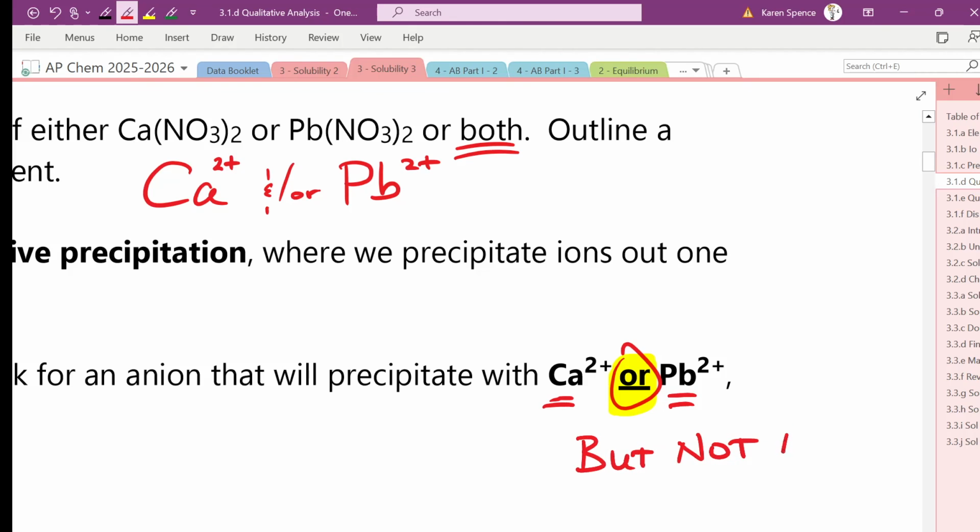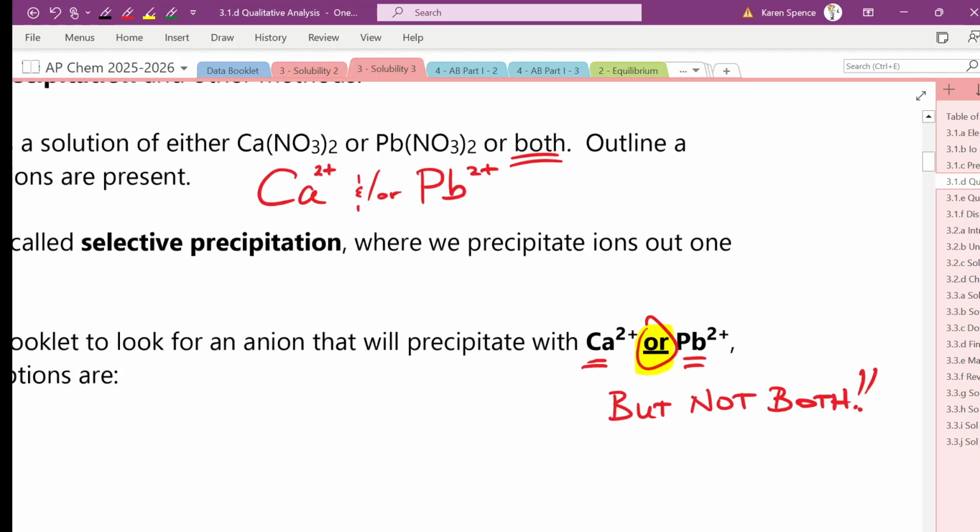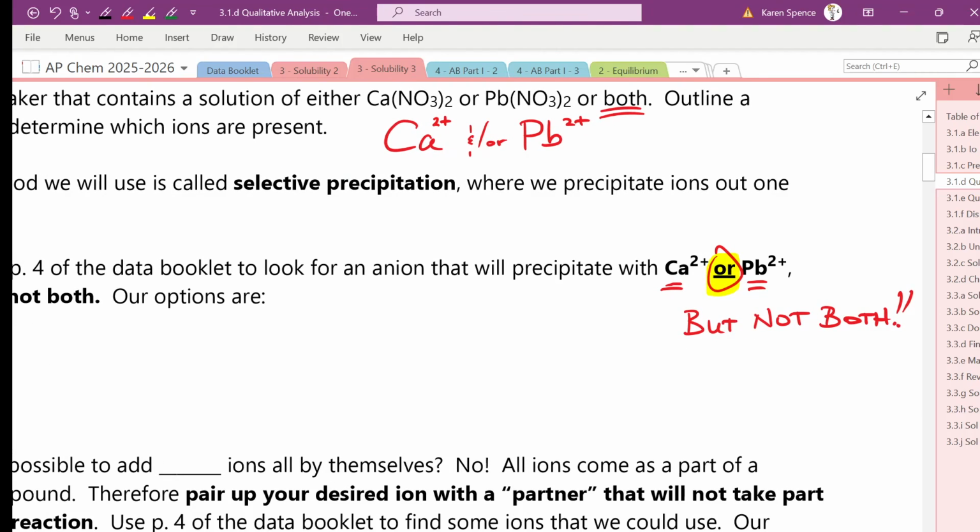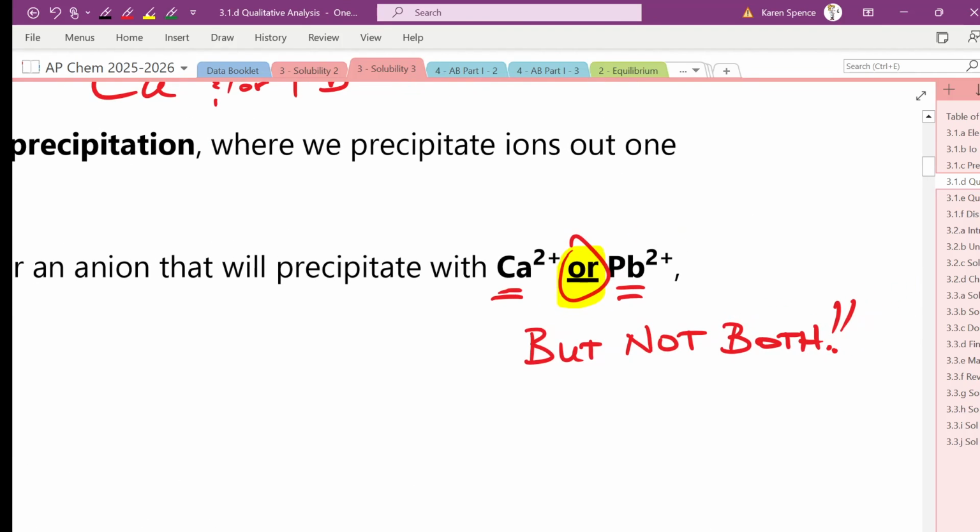I know it says but not both on the next line, but I want to write it over here. Could you please go look on your table of solubilities and find something that precipitates with calcium or lead, but not both? There is more than one correct answer.